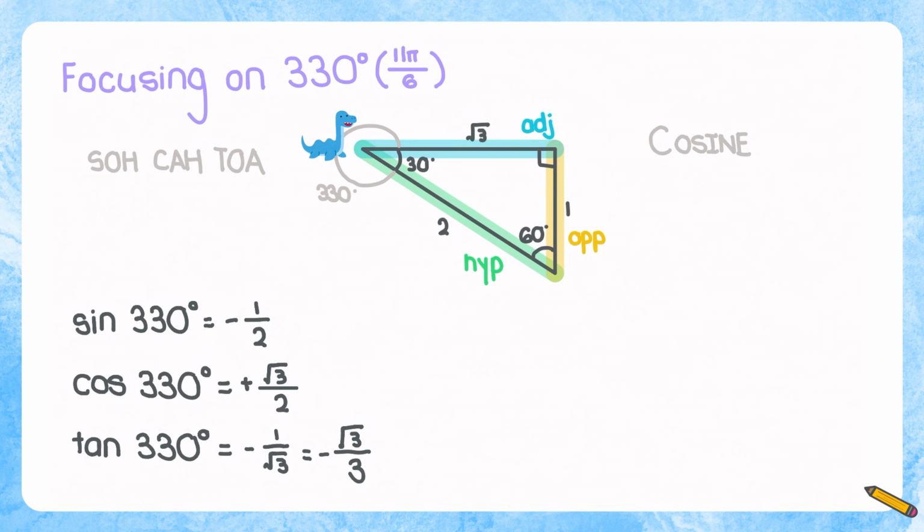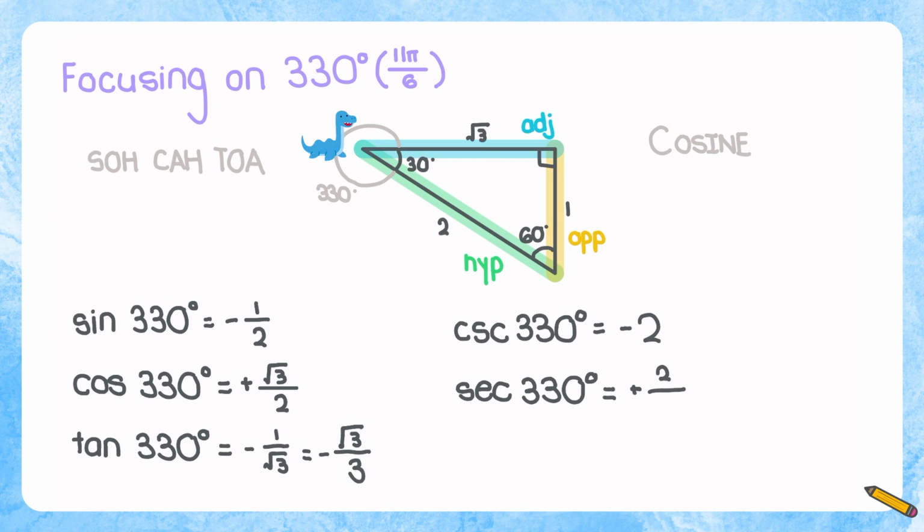And then let's find the remaining 3 trig values, starting with cosecant. So cosecant of 330 degrees is negative 2 over 1, which is just negative 2. Secant of 330 degrees equals positive 2 over radical 3, which becomes positive 2 times radical 3 over 3.